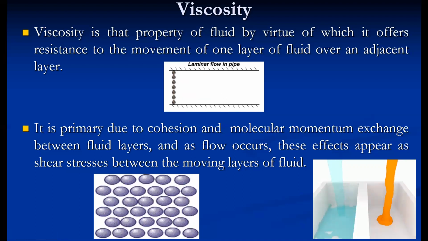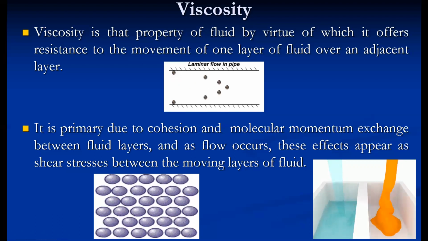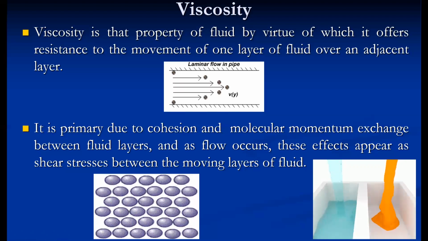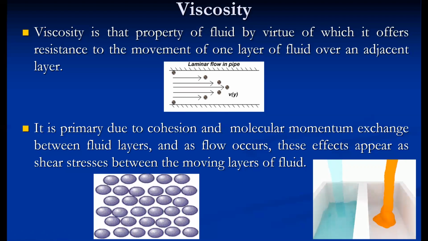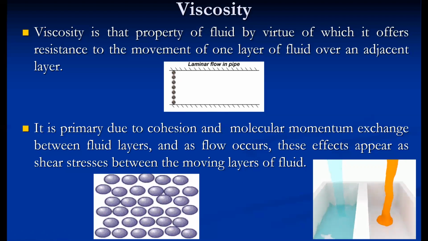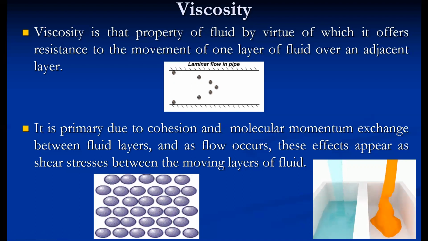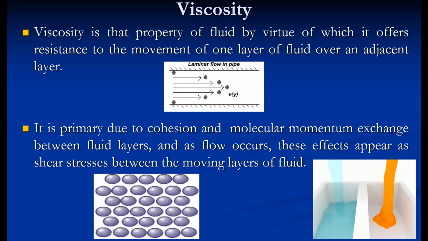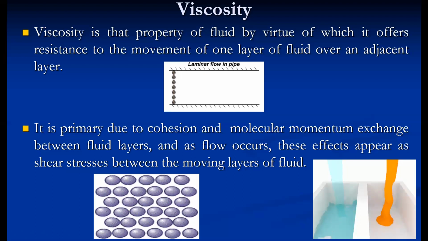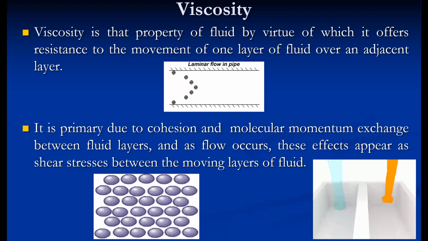Suppose we consider a stationary liquid at 10 degrees Celsius: its viscosity is higher. If we go on increasing the temperature, its molecular momentum exchange increases and its flowability increases, so its viscosity decreases. This way we can interpret the term viscosity.